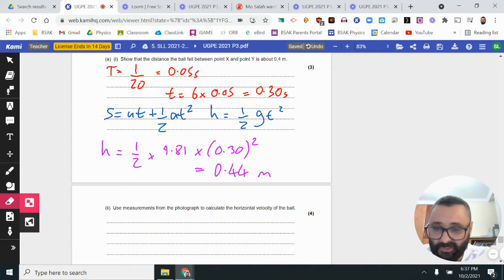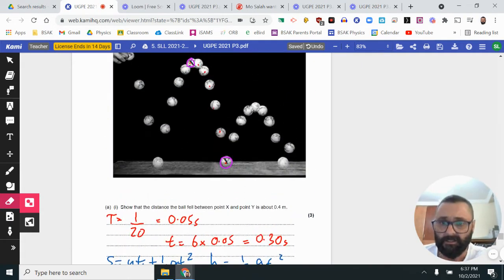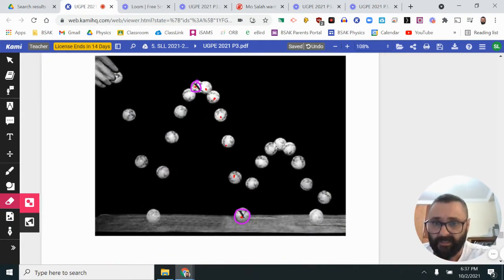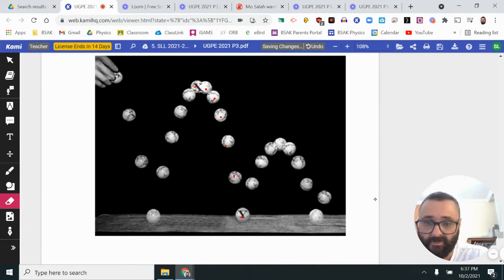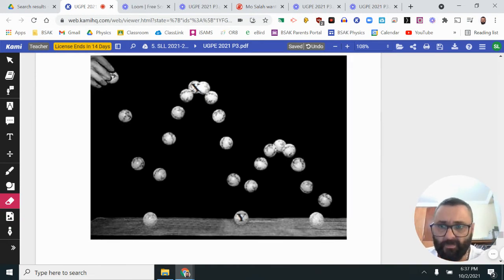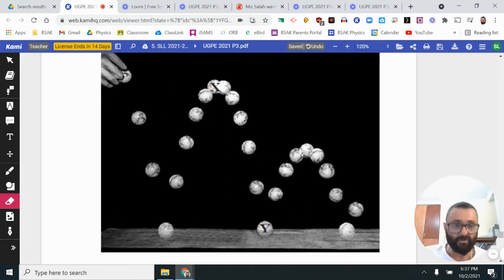Right, use measurements from the photograph to calculate the horizontal velocity. Well, the way I did it is, let's go with X and Y again, because we know that's going to be 0.30 seconds. This is where ruler skills really do become very, very useful.